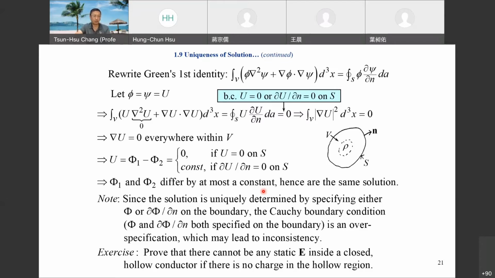Then we got the correct solution. Therefore, this gives you a lot of freedom. You can use different techniques to solve it, provided that the solution satisfies Poisson's equation and the boundary condition. That's the only requirement.